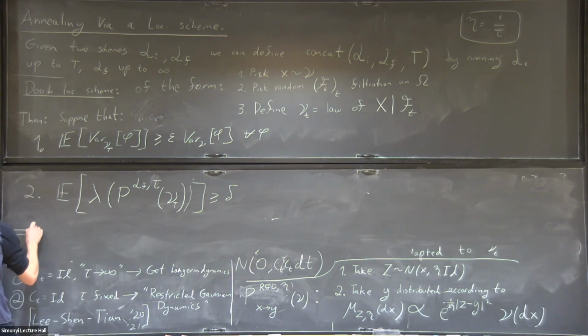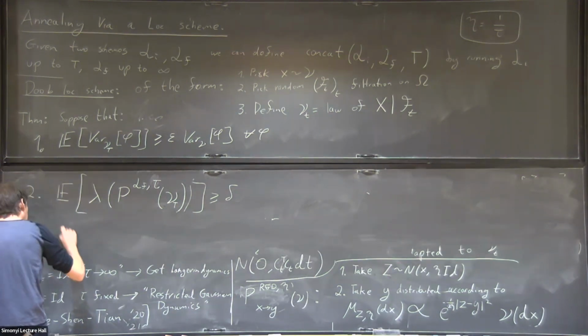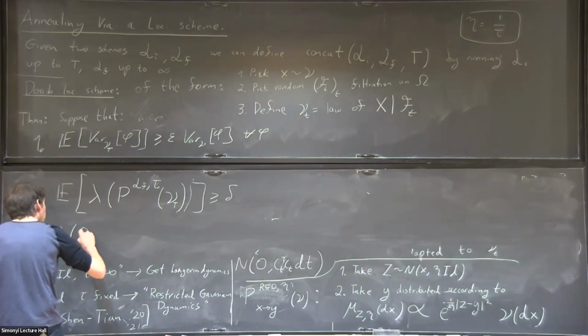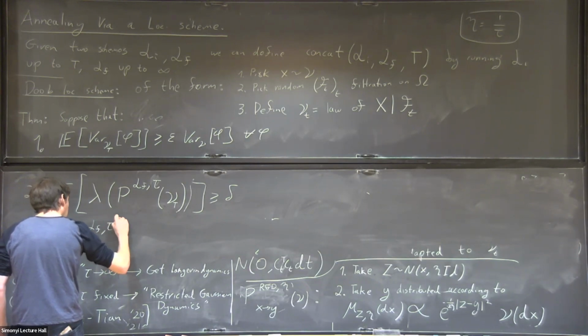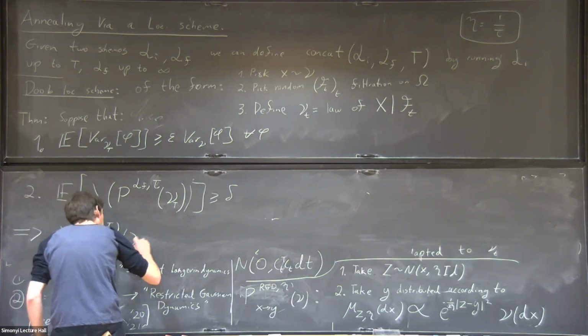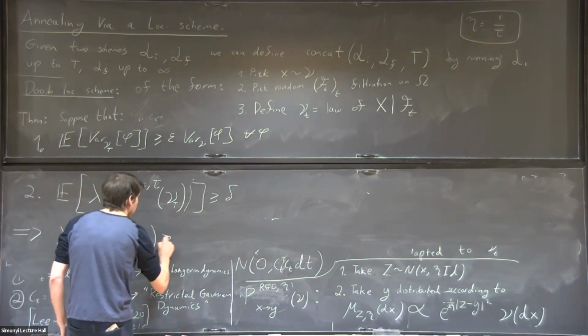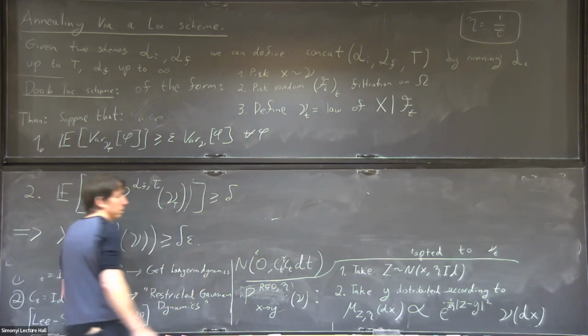Then you get the product: lambda of P_f applied to the original measure is at least delta times epsilon.